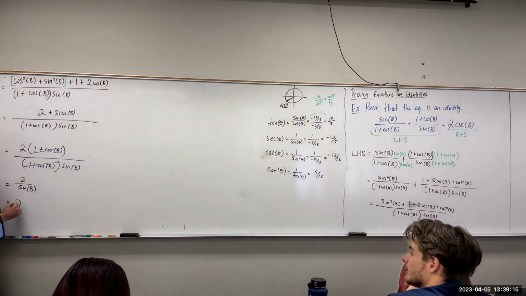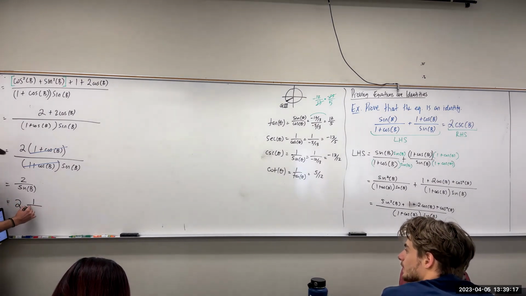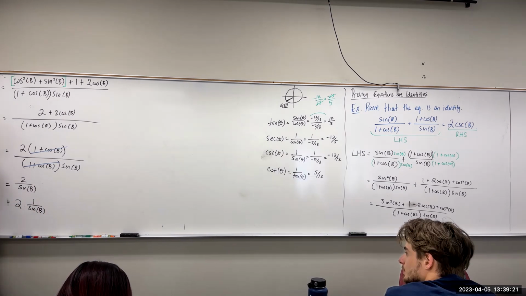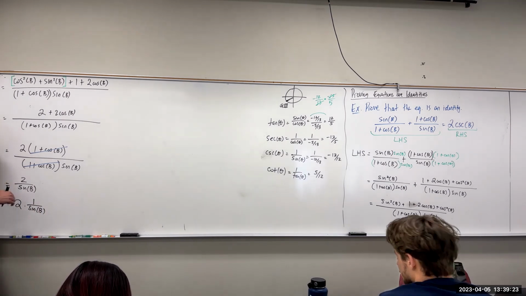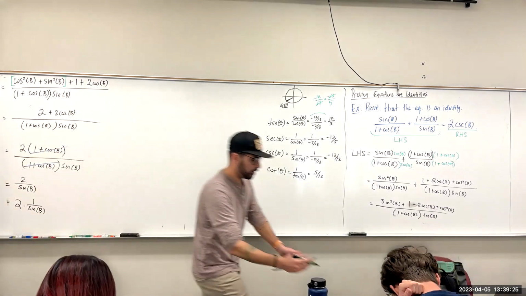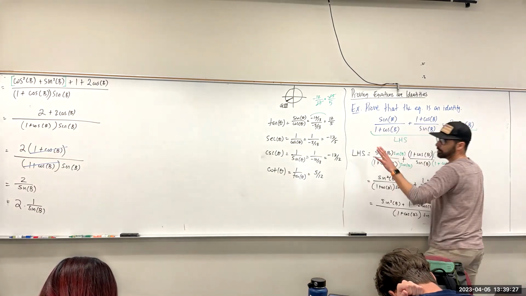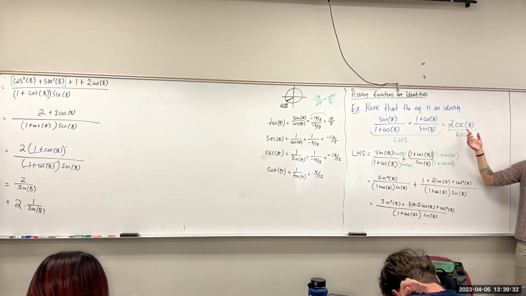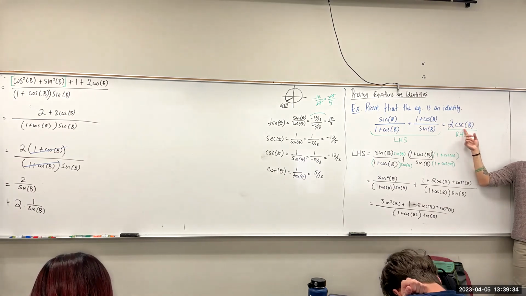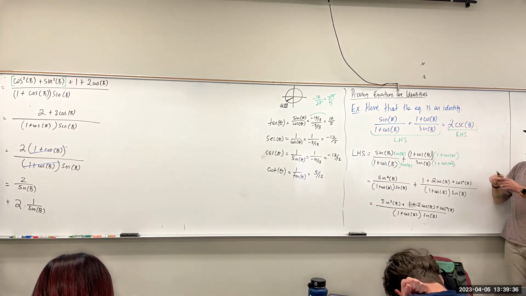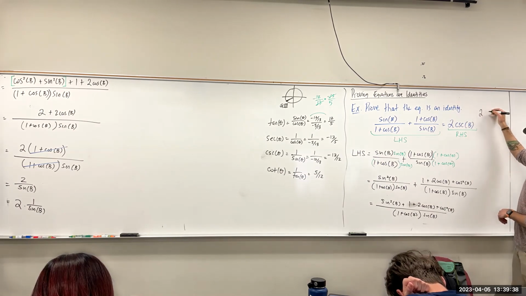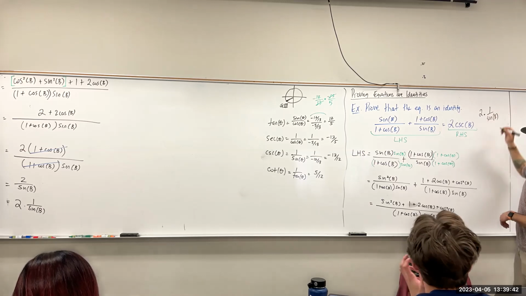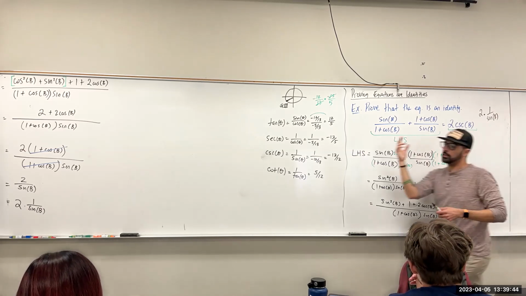Let's see. What's 2 times 1 over sine? Oh, yeah. Let me bring up a good point: maybe I'm stuck there and I'm not sure where to proceed. Then what you could do is manipulate the right-hand side and ask, okay, what can I turn this into? This can turn into 2 times 1 over sine B. And then you can say, oh, look, that's exactly what this would be.